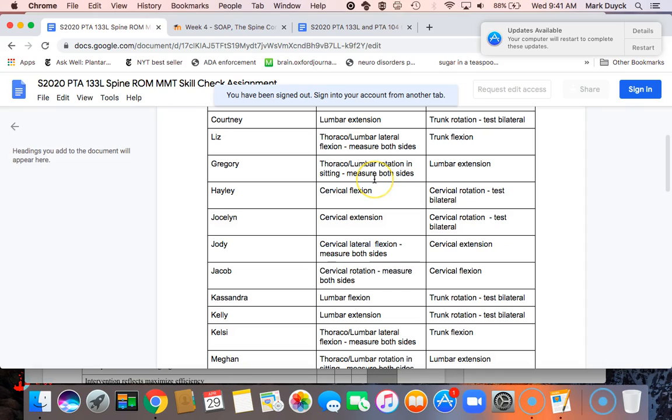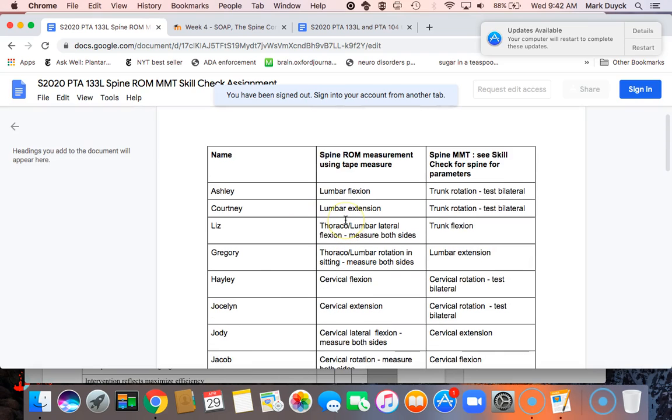You're measuring both sides in rotation, so please do that right and left. You want to make comparisons. That's what happens in the PT eval, and it's good to use that as a framework when you're continuing treatment. So bilateral, and that's the same when you're doing the lateral flexion for thoracolumbar.